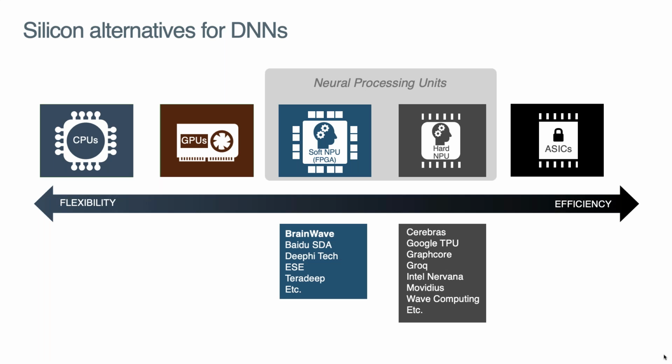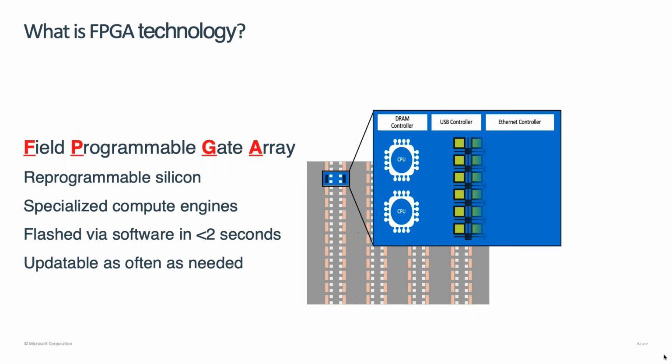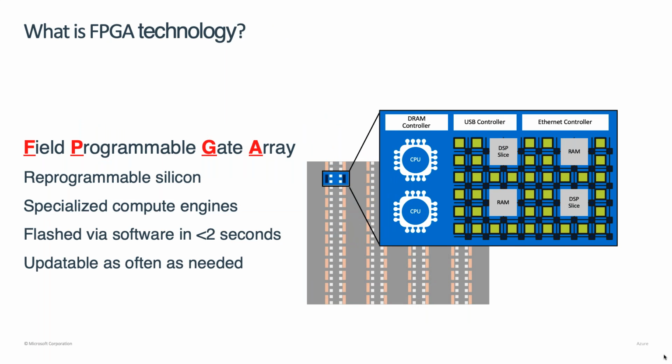FPGAs being field programmable gate arrays. And so an FPGA is essentially reprogrammable silicon. There's a chip, and it has a ton of these compute engines. And each one of these compute engines is available for you to specify what the input is and what the output is.